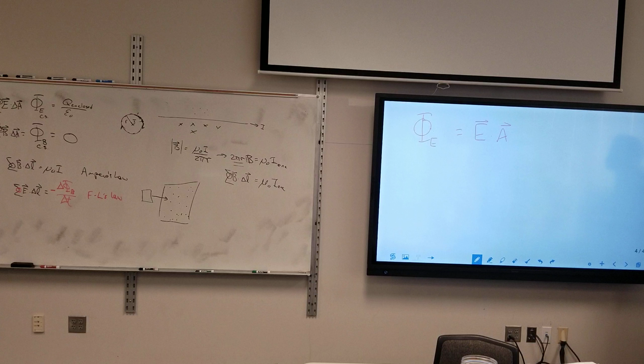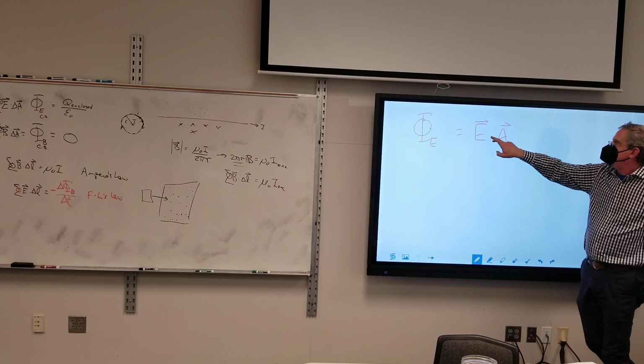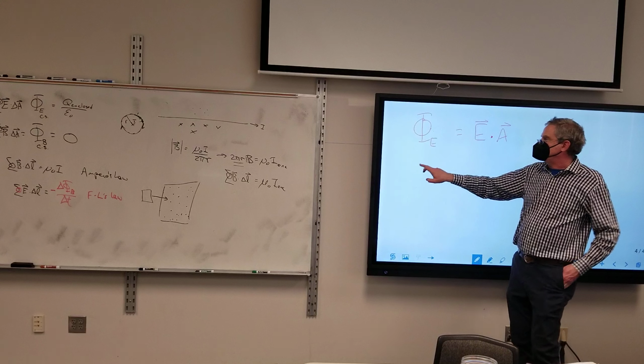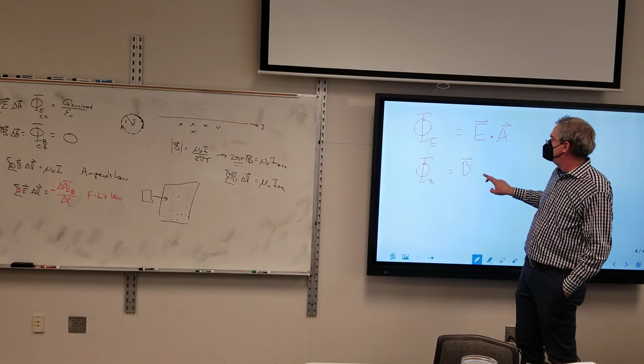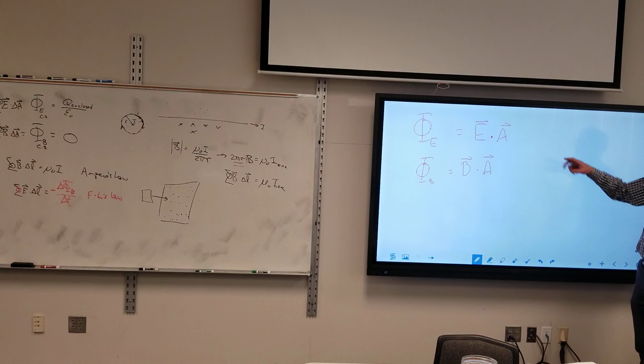It's a way of measuring the strength of an electric field within a particular region, and that is a dot product between them. Magnetic flux, same thing, except with a B. So very simply, remember that the area vector is perpendicular to the surface. For a closed surface, it always points outwards. For an open surface, it points one way or the other.